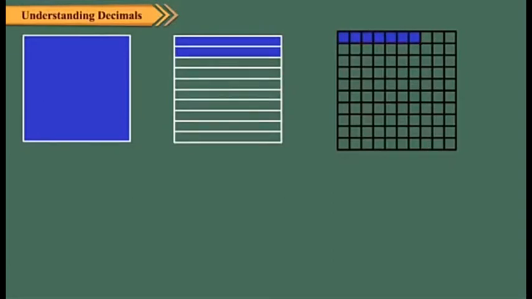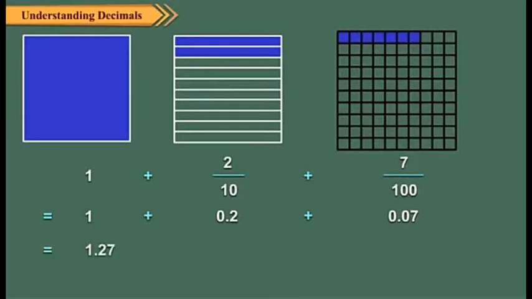So, the shaded portion shows 1 plus 2 by 10 plus 7 by 100, which is equal to 1 plus 0.2 plus 0.07, which is equal to 1.27. We read it as 1 and 27 hundredths.